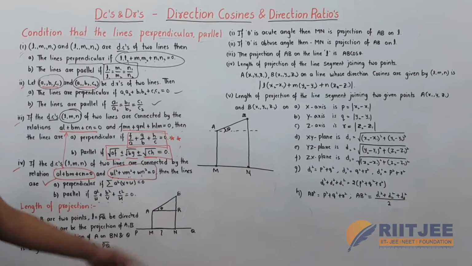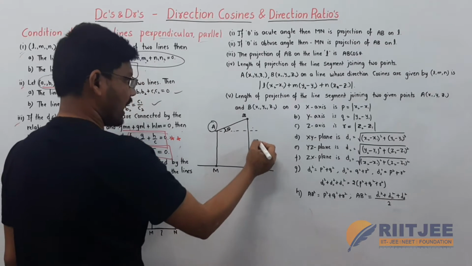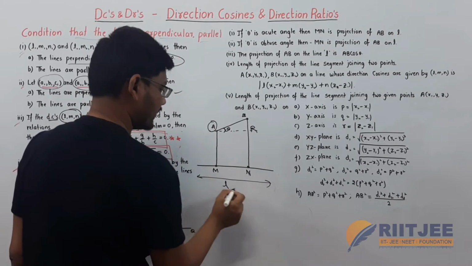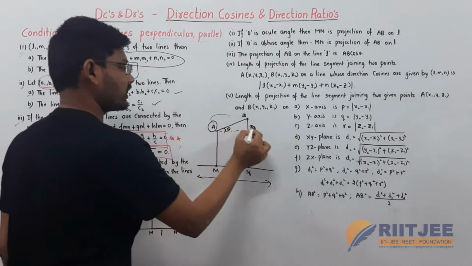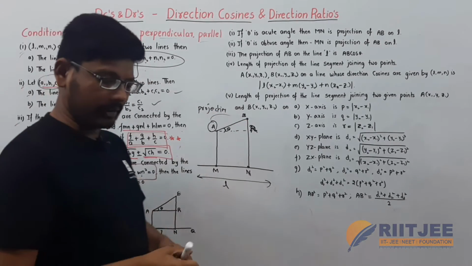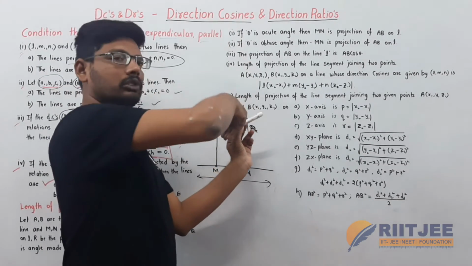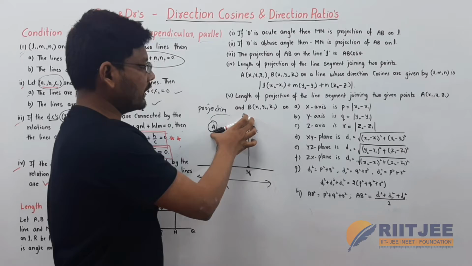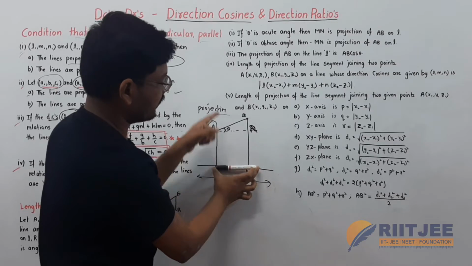Here this is angle theta, and the projection of A on the BN line is R. This line we can simply take as L, and this is the point R. This is the projection of A. If you look at this inclined line in top view, the distance will decrease.